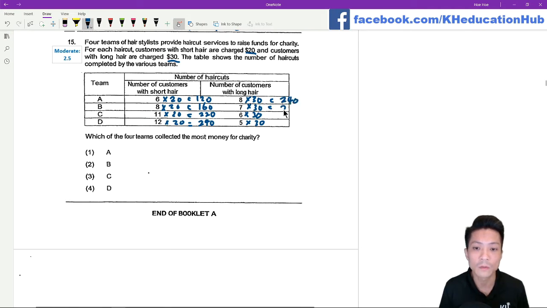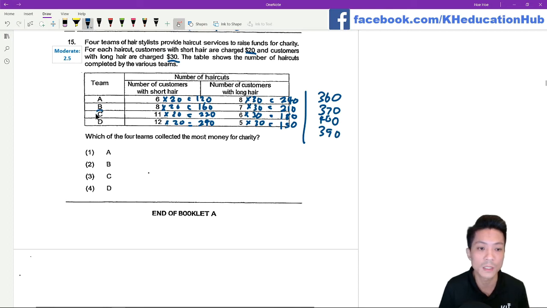Two hundred and 180, and 150. You add them together, 360, 370, 400, and 390. Which means that C collected the most money.